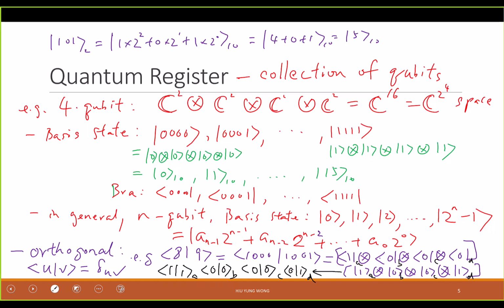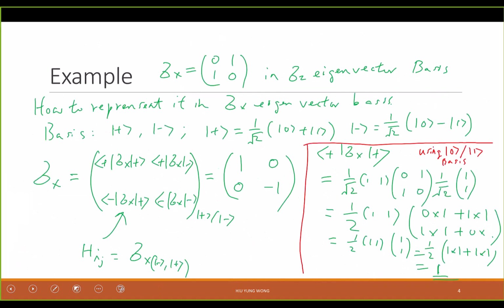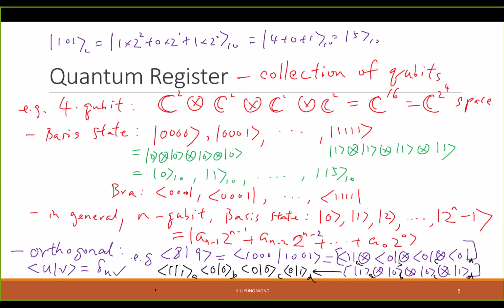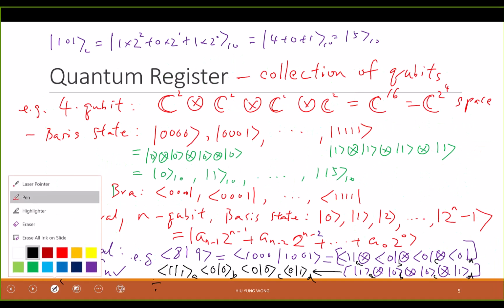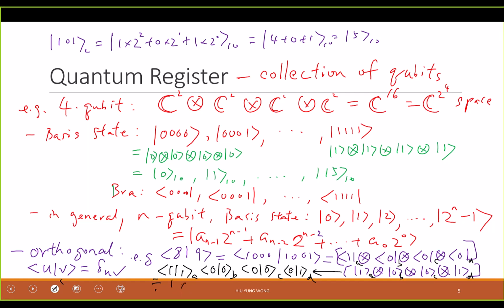What is this? Evaluate it. 1 multiply, what is the second term? 1 multiply 1 multiply 0.